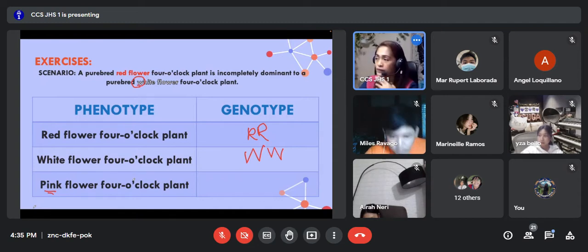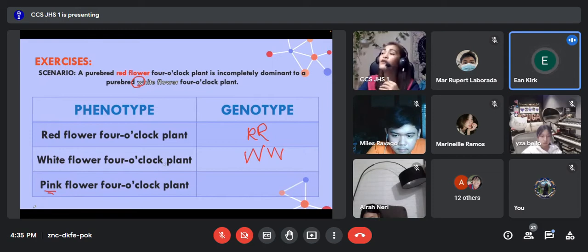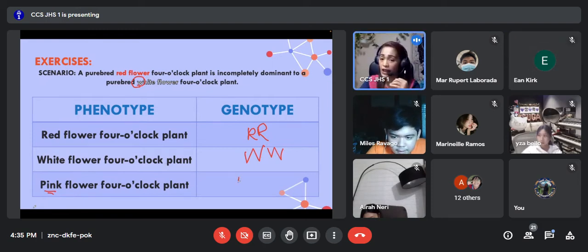Yes, how do we write? Big R, big W, sir. Very good. Correct. So it is actually the heterozygous. One capital R and one capital W. Very good, Ian.